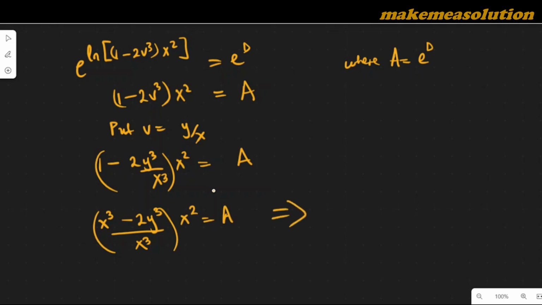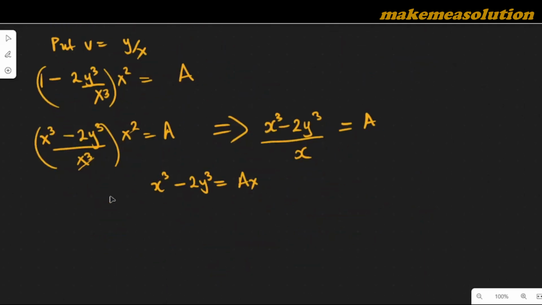This implies that we'll be getting x cubed minus 2y cubed all over x, because x squared cancels out the x cubed to leave you with x in the denominator, and this will be equal to a. So we'll have x cubed minus 2y cubed is equal to ax, like this.